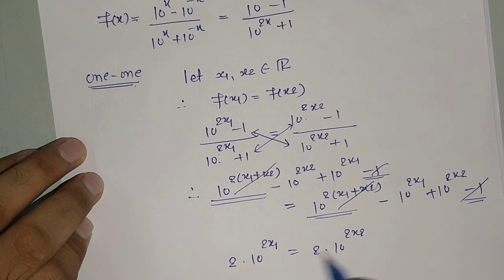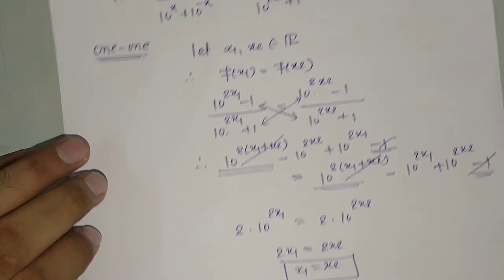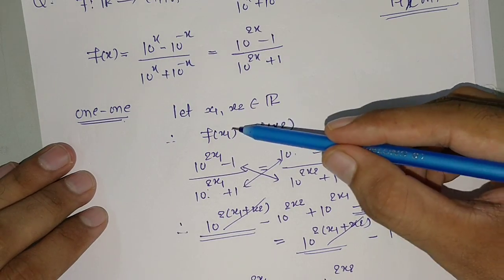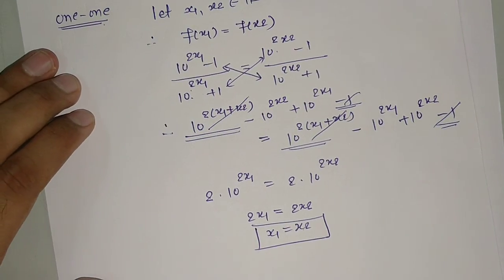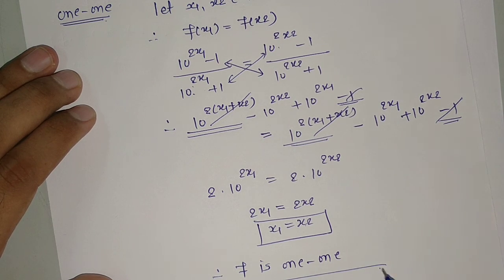The 2 gets cancelled, and comparing the powers we get x1 equals x2. So we have taken two same images and we get the same value. So function f is one-one.